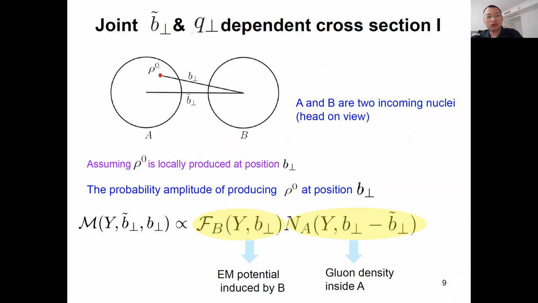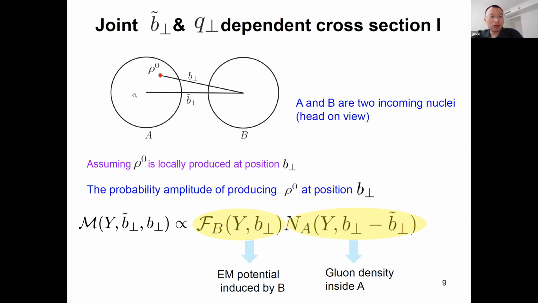So the production amplitude for rho produced at the position b_perp is proportional to the gluon density inside the nucleus A at the position b_perp, and the production is also proportional to the gauge potential created by nucleus B at the position b_perp. Of course, the production amplitude also depends on rapidity.